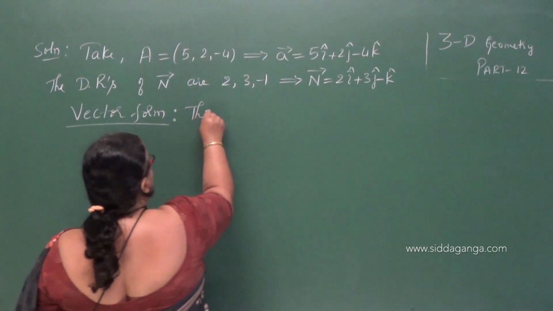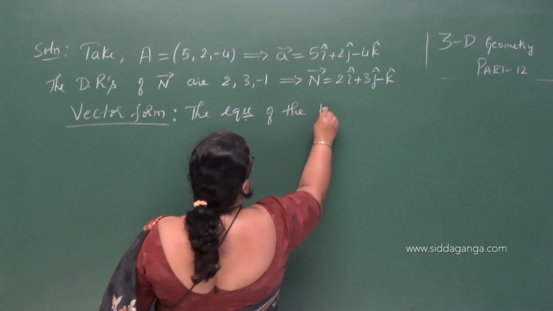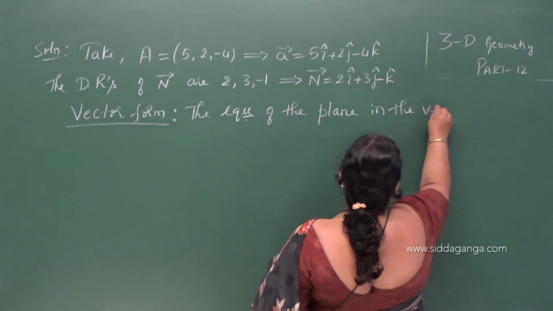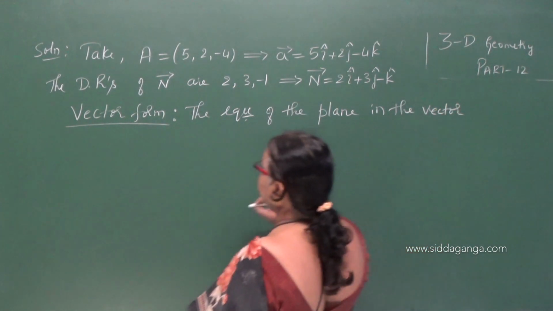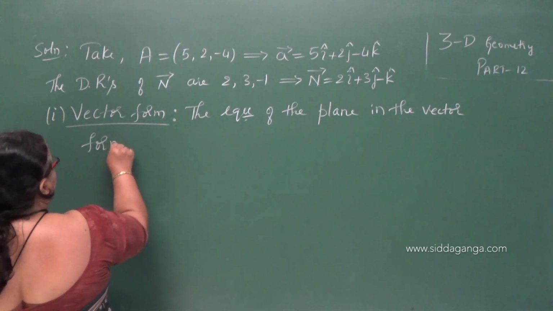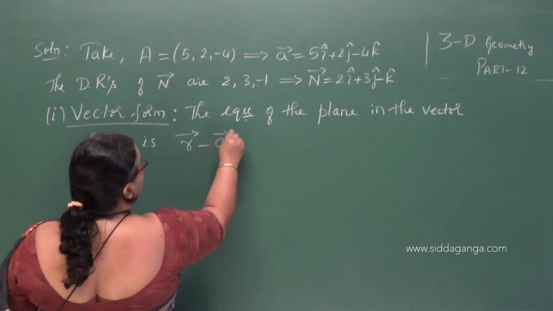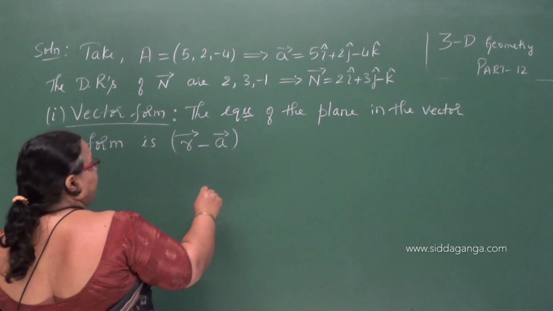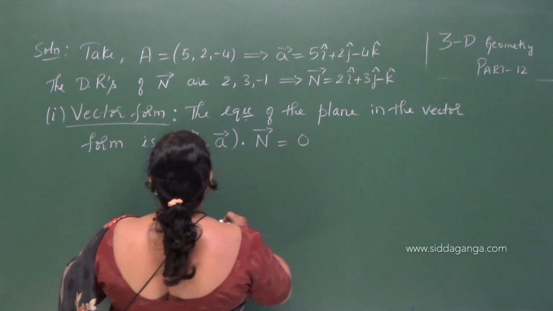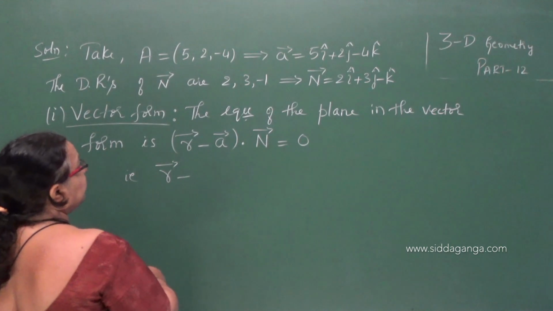The equation of the plane in vector form is (vector r minus vector a) dot vector n equals 0.